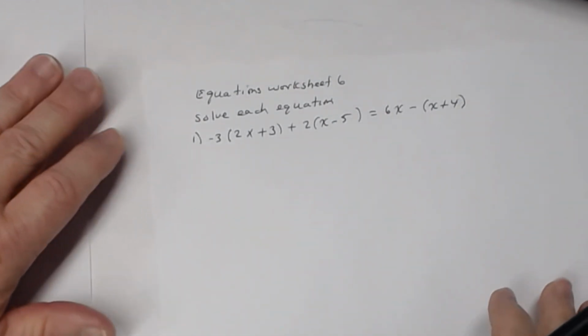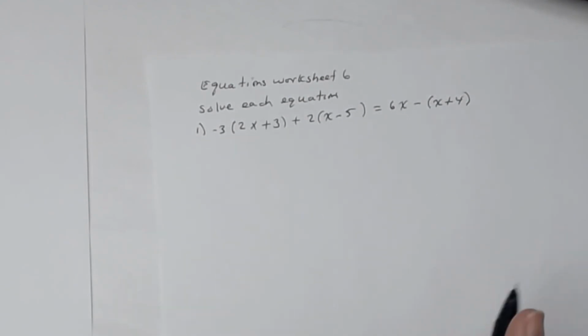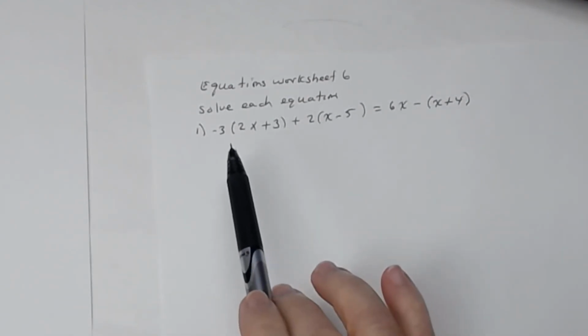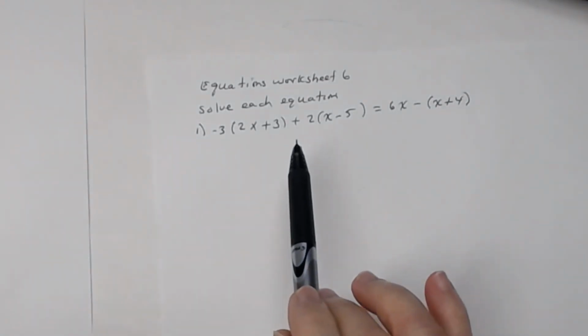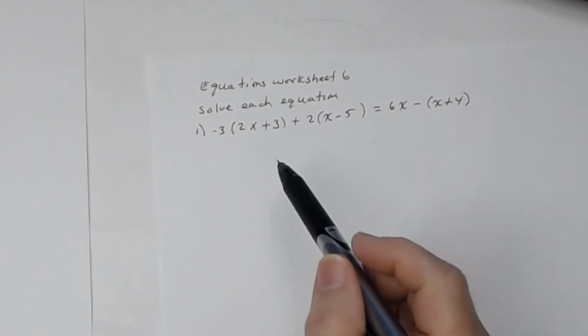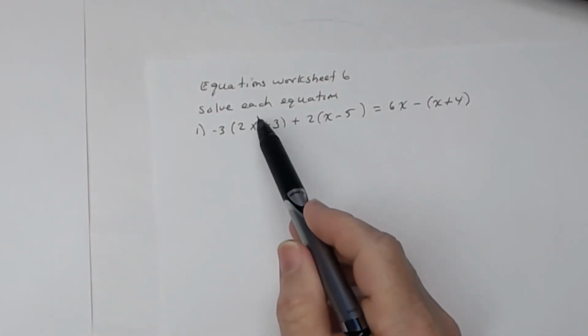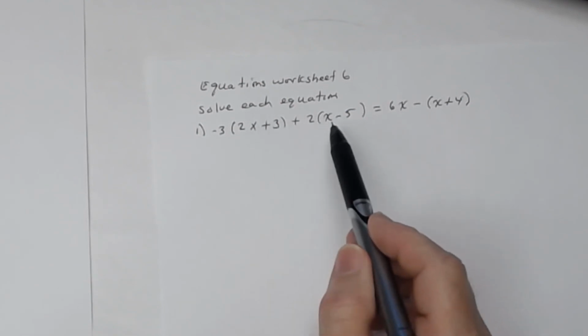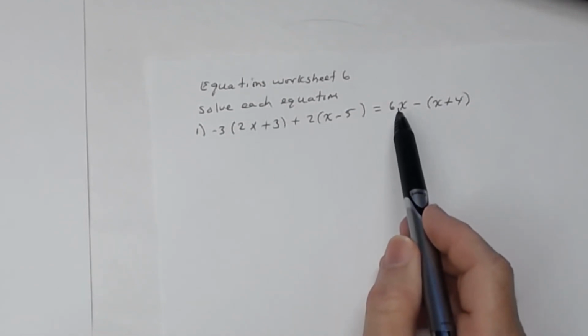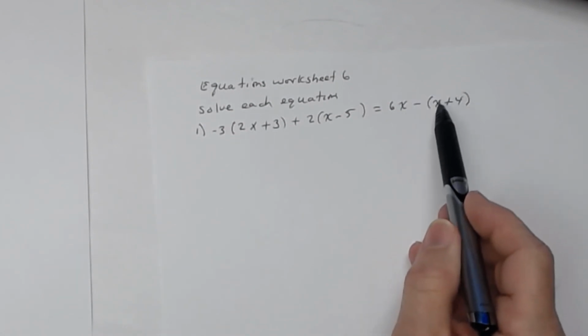All right, so we're going to solve this linear equation. Now, one of the things that makes this a linear equation, which students can see right away, is that the exponent of each of those variables is 1. So x to the first, x to the first, x to the first, x to the first.